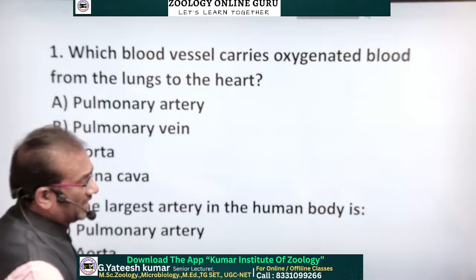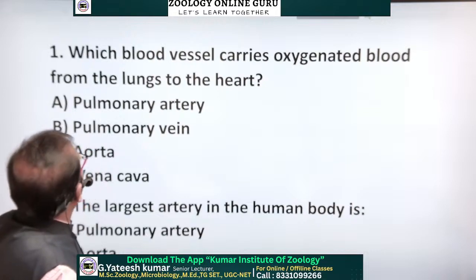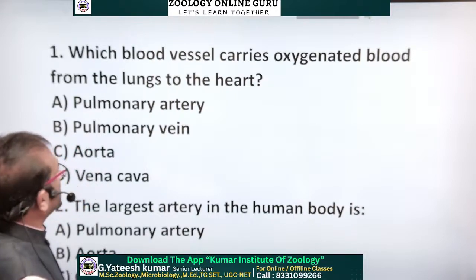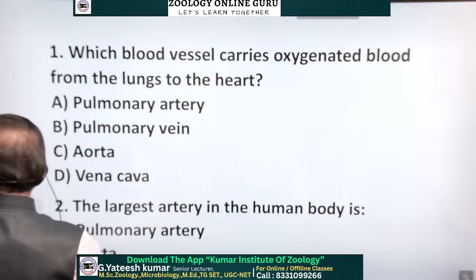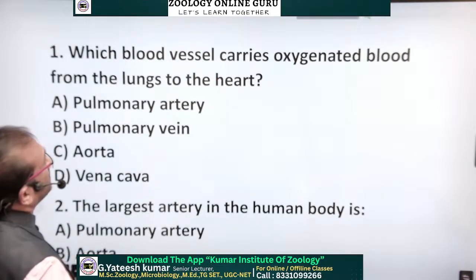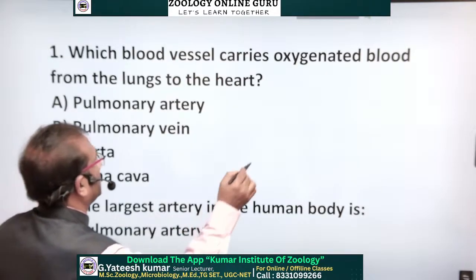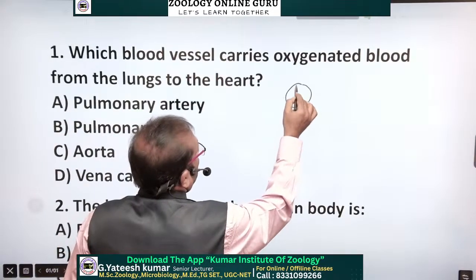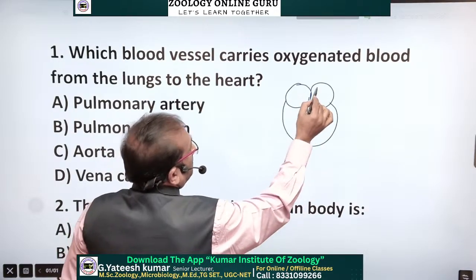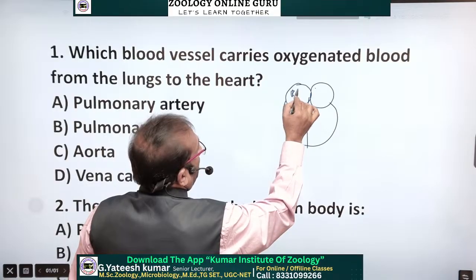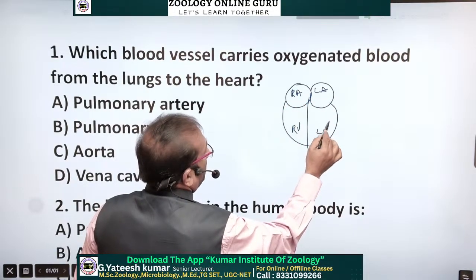Which blood vessel carries oxygenated blood from the lungs to the heart? Very simple question. We have discussed already, this is right atrium, left atrium, right ventricle, left ventricle.